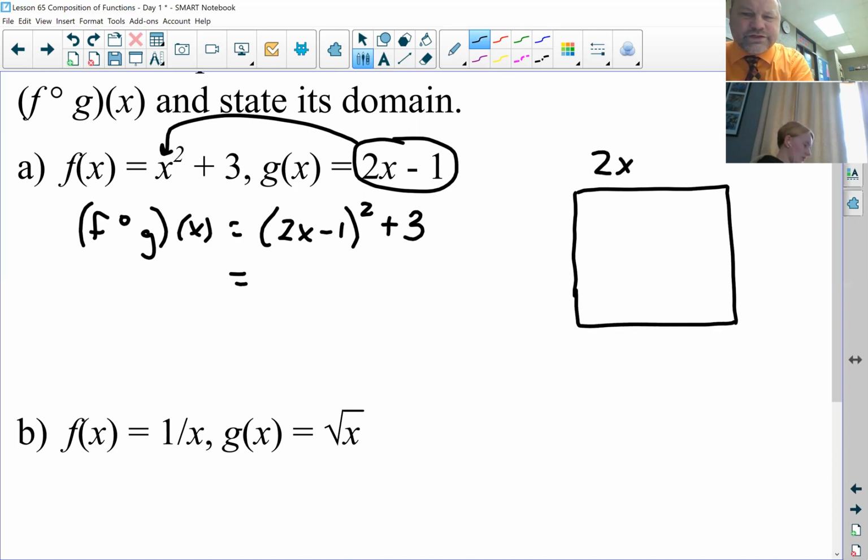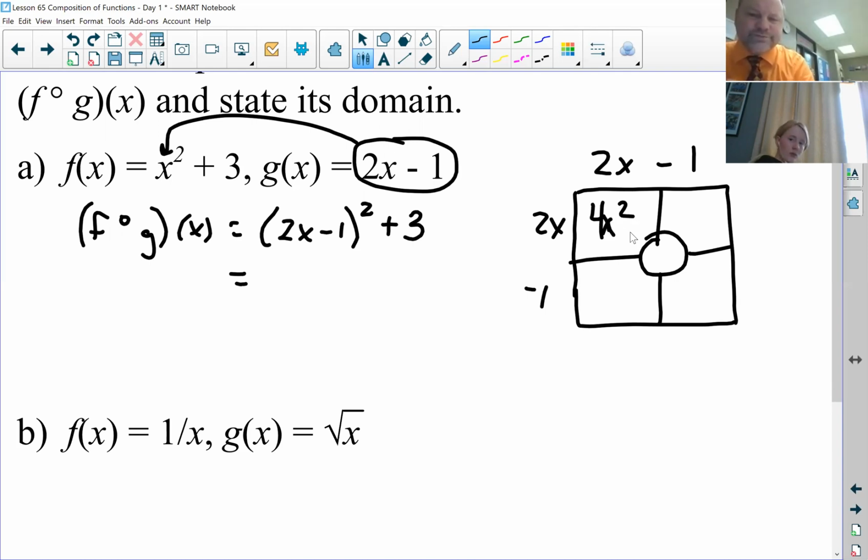So 2x minus 1 times 2x minus 1. 2x times 2x is 4x squared. 2x times minus 1 is negative 2x.